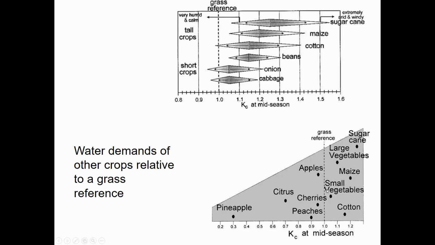There are a few crops where the water demand is lower because there's less evapotranspiration, but what you'll notice is that most of those crops where it's less than a 1.0 K value are tree crops. So apples, cherries, peaches, citrus, those are all crops where the fruit is concentrated rather than being more broadly distributed, like sugarcane or maize or things that have a lot of leaf area. So just kind of interesting.